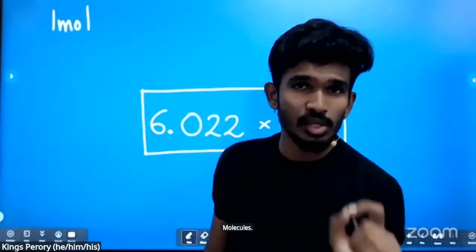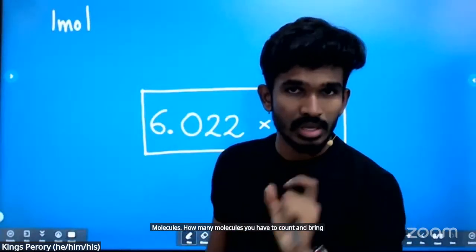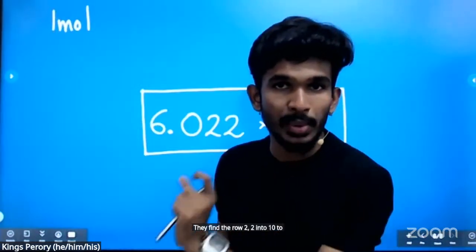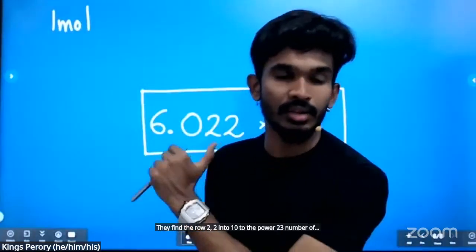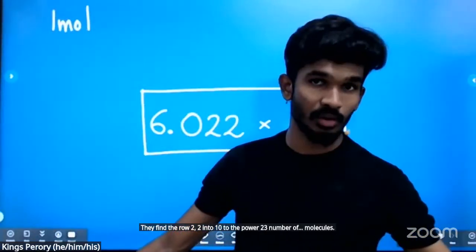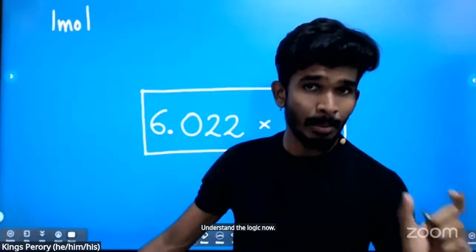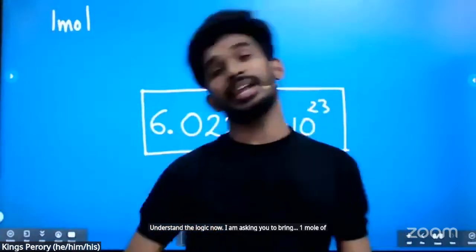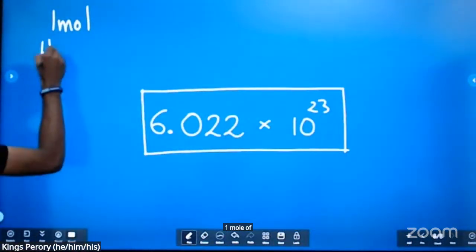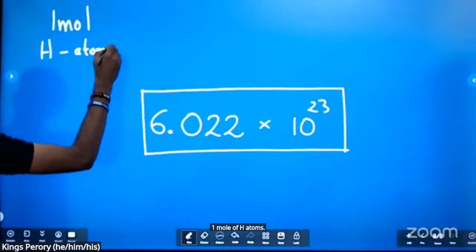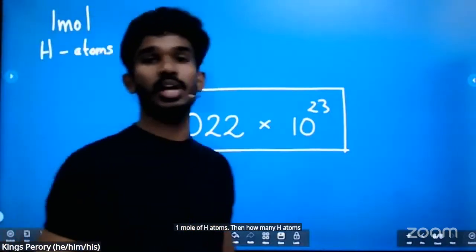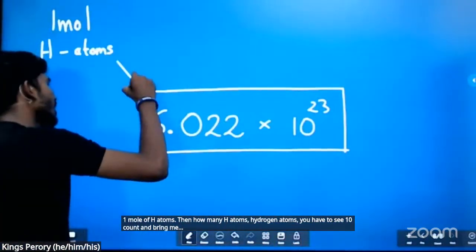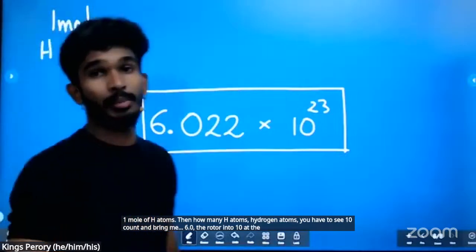How many molecules do you have to count and bring me? 6.022 into 10 to the power 23 number of molecules. Understand the logic now? I am asking you to bring 1 mole of hydrogen atoms, 1 mole of H atoms. Then how many hydrogen atoms do you have to sit and count and bring me? 6.022 into 10 to the power 23 number of hydrogen atoms.